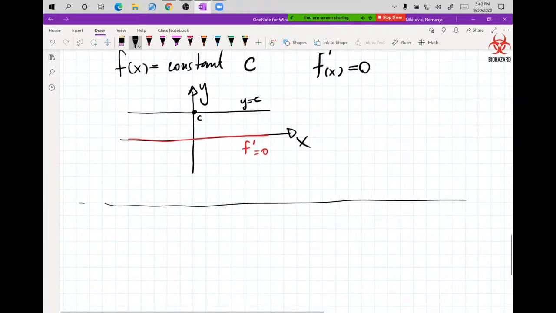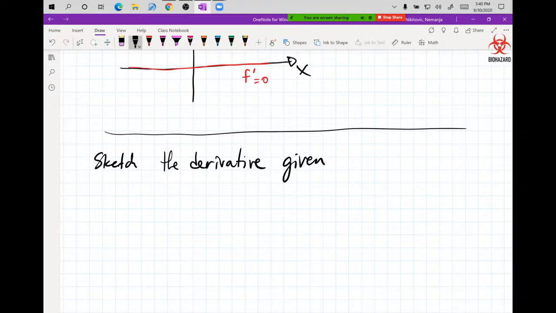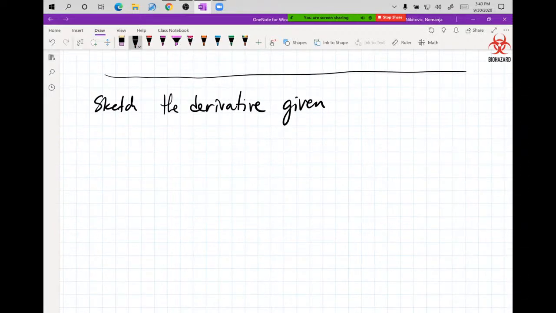So what type of a question do you expect on homework and an exam and so on? Well, it simply says, sketch the derivative given, and then you just have this graph. Now the graph is going to be like this.